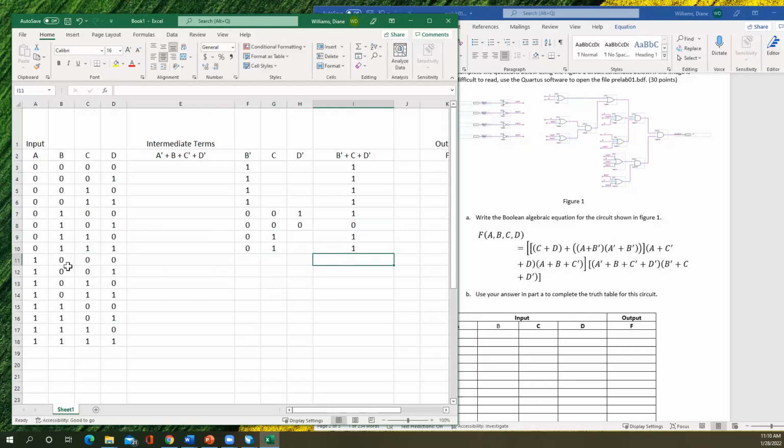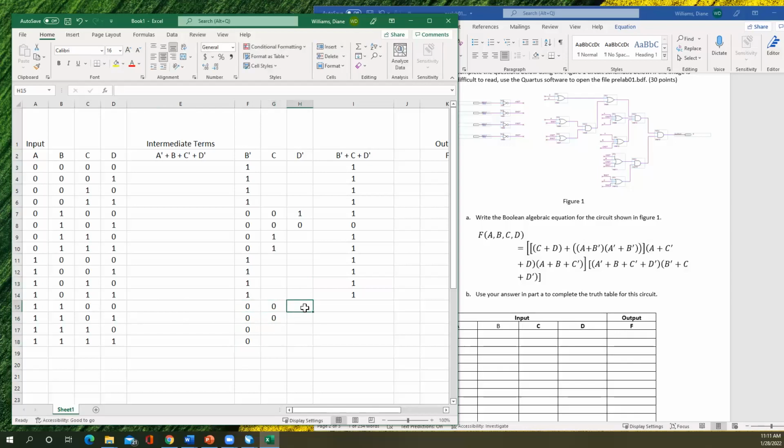Again, B is going to be 0 in all of these cases, meaning its complement is a 1, so our OR gate output will be a 1 here. We basically go through a similar set of cases. Again, C is a 0 in these cases.